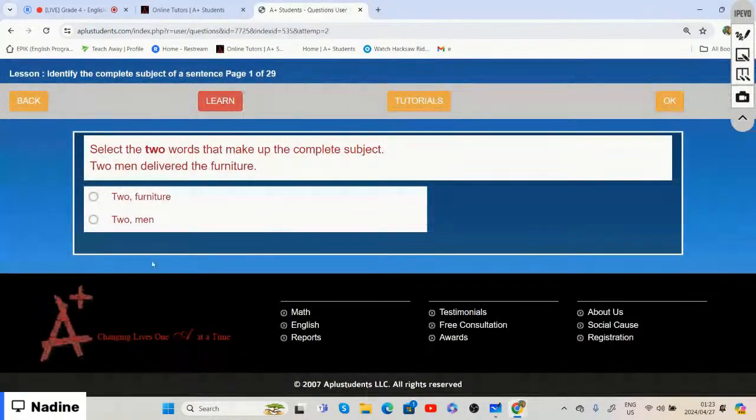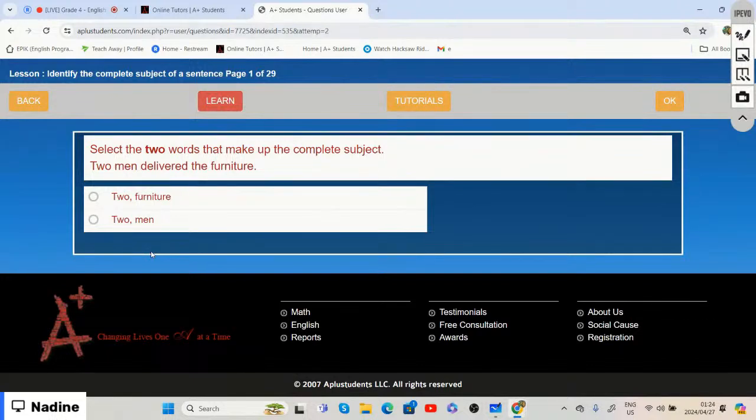We need to select two words that make up a complete subject, right? Two men delivered the furniture. We need to select the two words that make up a complete subject.